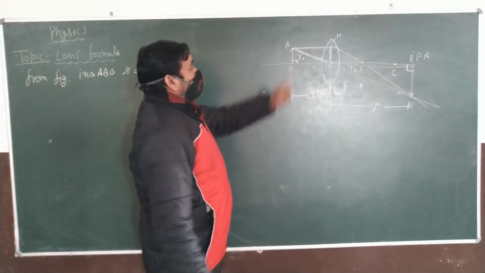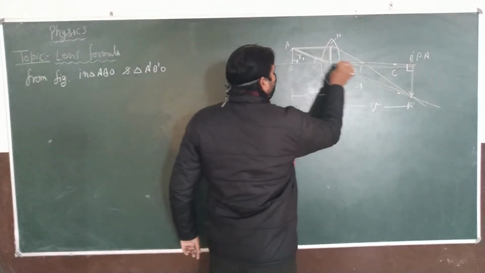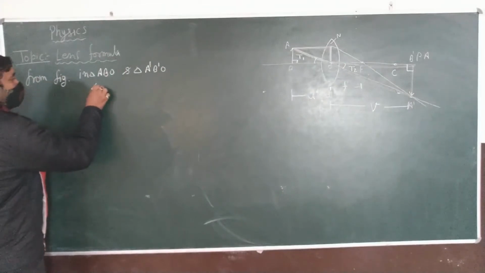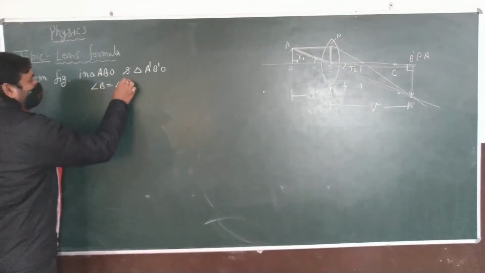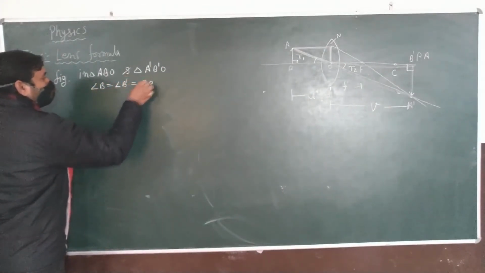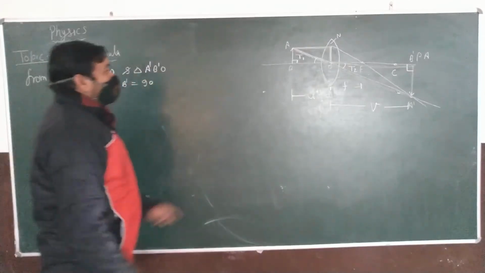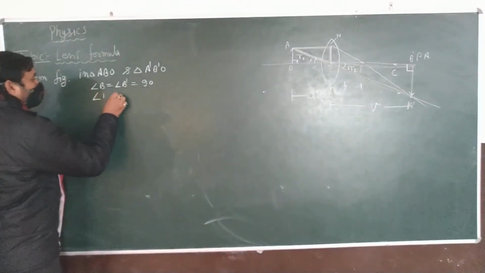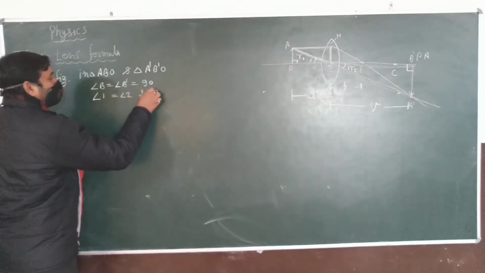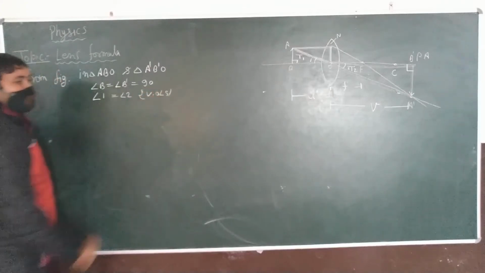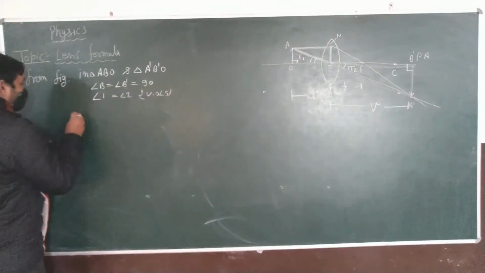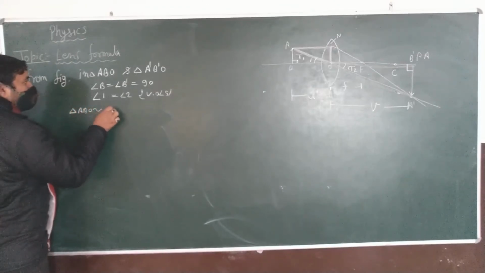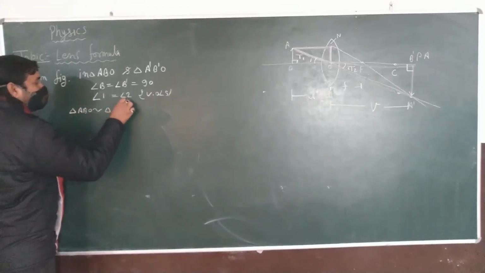Now these two angles are vertically opposite angles. Therefore, angle B equal to angle B dash is equal to 90, and let's say angle 1 and angle 2. Angle 1 equals angle 2 because they are vertically opposite angles. Hence we say that triangle ABO is similar to triangle A dash B dash O.